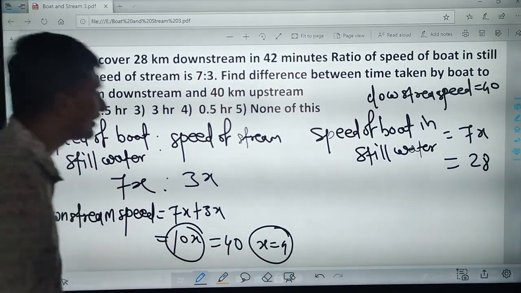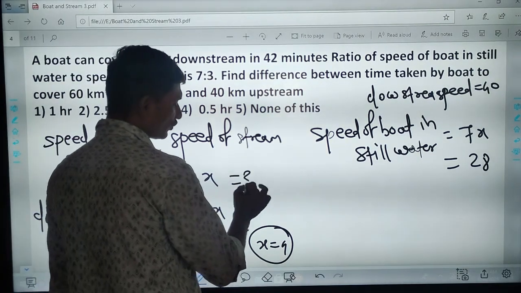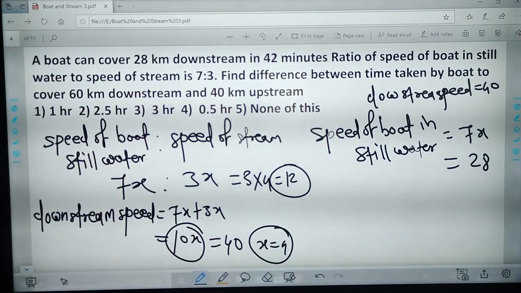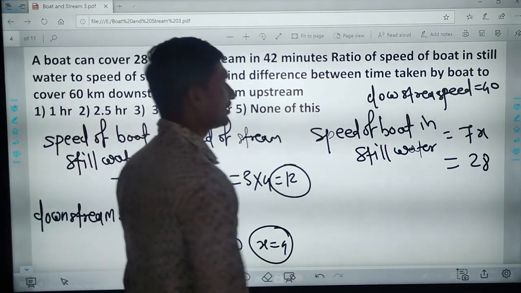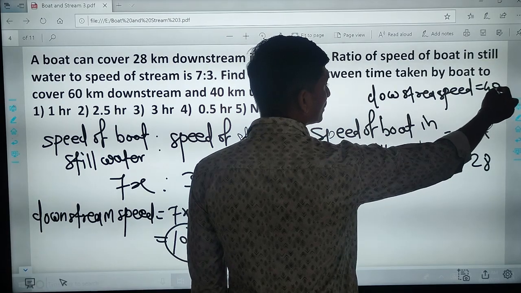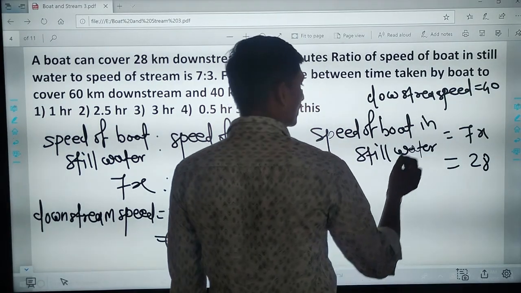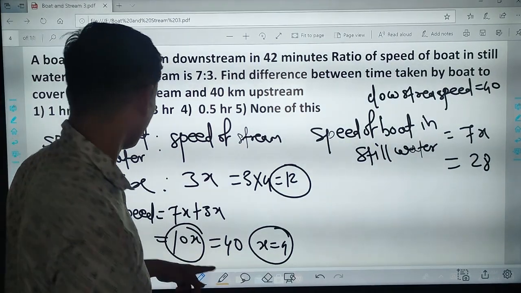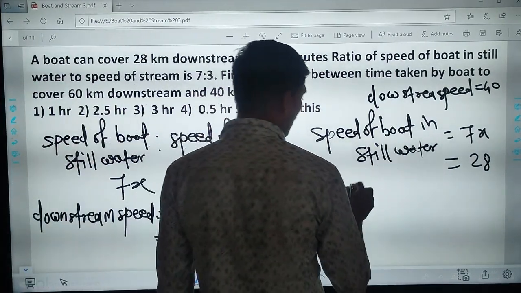Your speed of stream is 3 into 4, which is 12. Speed of boat in still water is 28. Now here we find upstream speed.